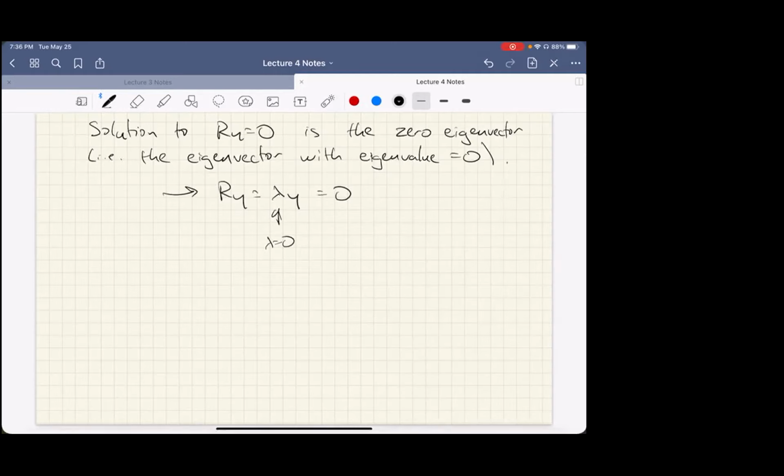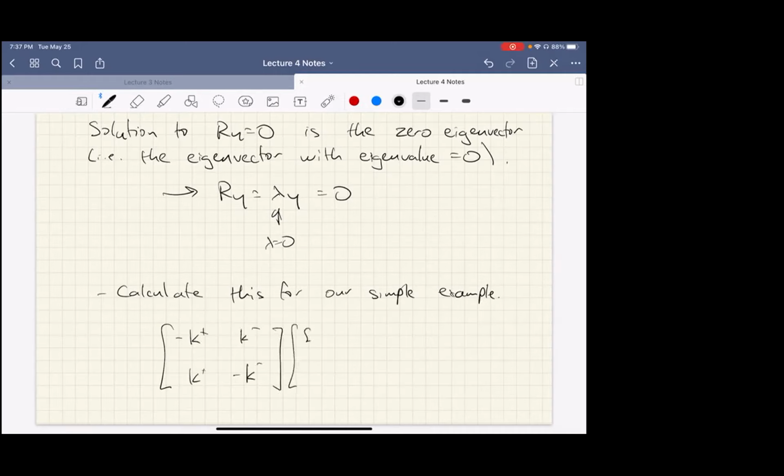So to calculate this, we're going to calculate it for our simple example. Remember, R in our simple example was minus K plus, K plus, K minus, minus K minus.